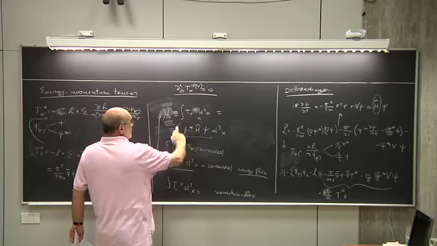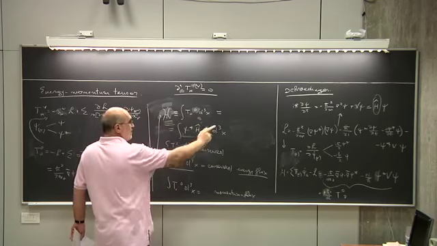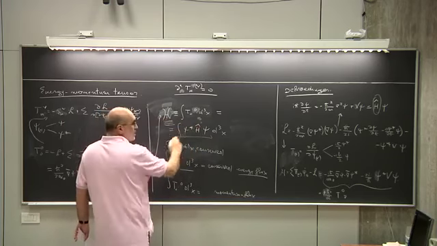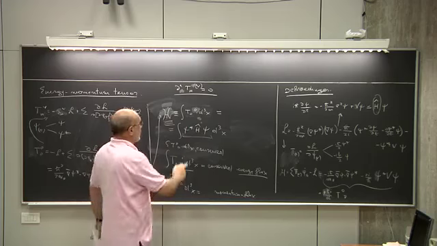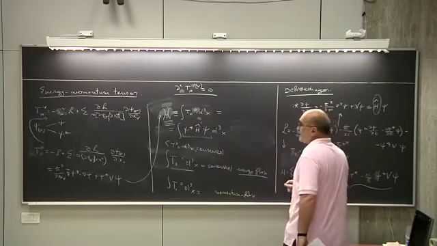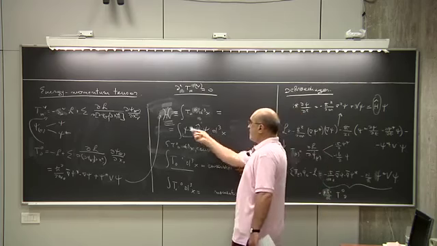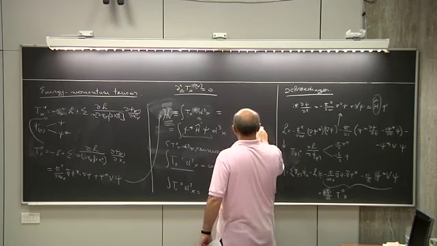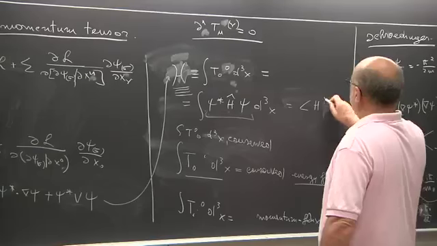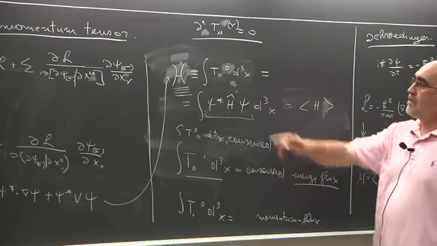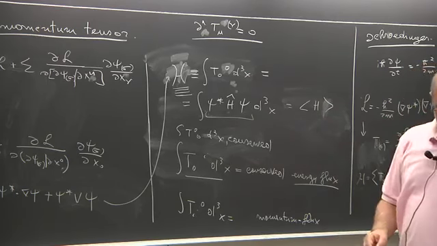And what you get is that the Hamiltonian density derived from the Lagrangian density or from the energy momentum tensor can always be written as the sandwich of the usual Hamiltonian operator of the Schrödinger first quantization, sandwiched between the psi, which is nothing else than the average value of H on the wave function. So the T00 is related to the energy density.